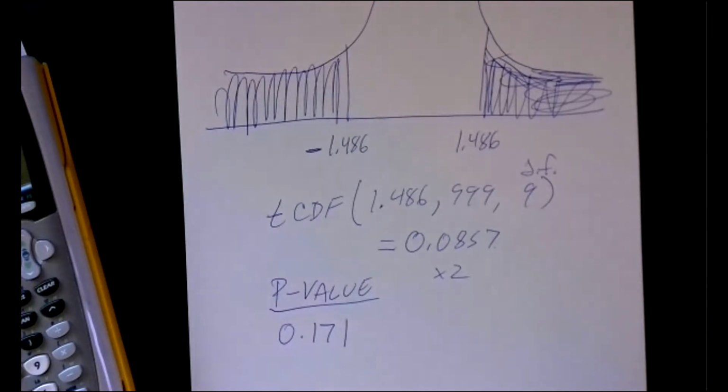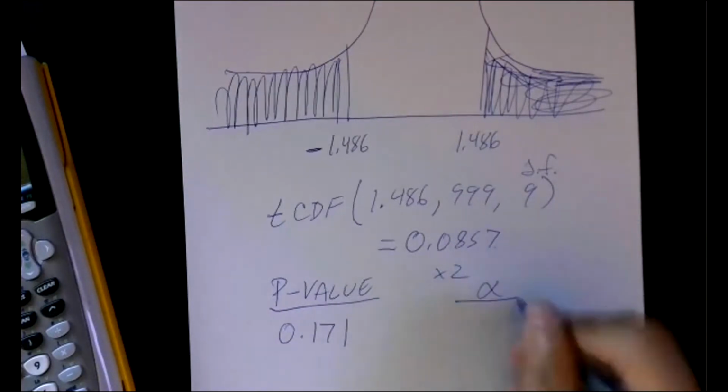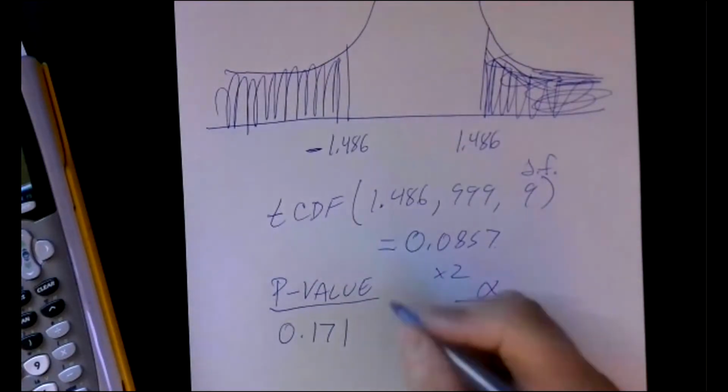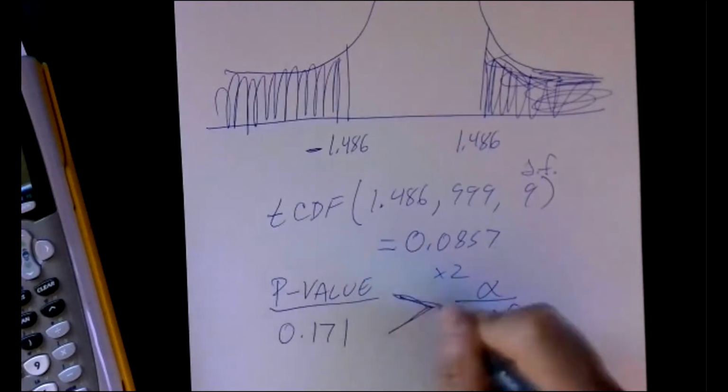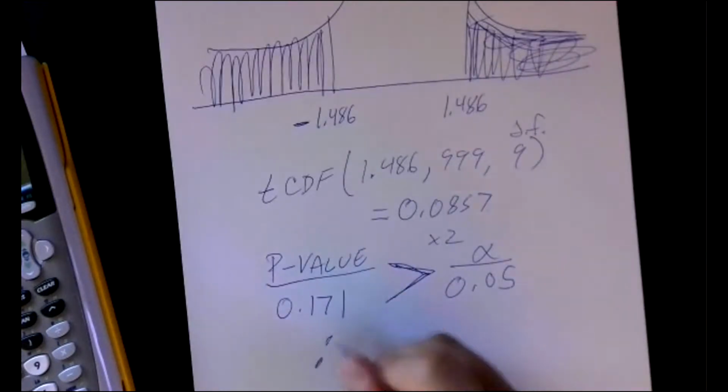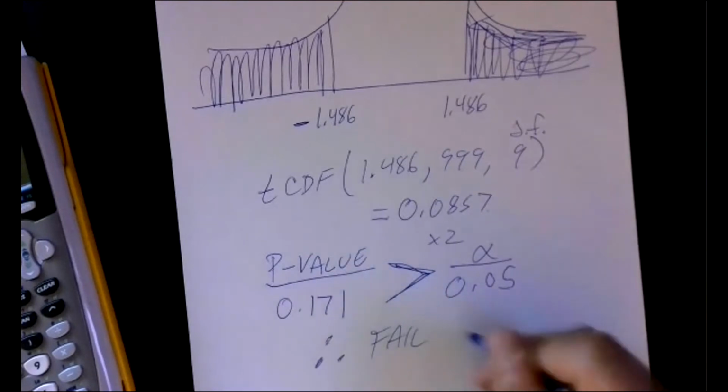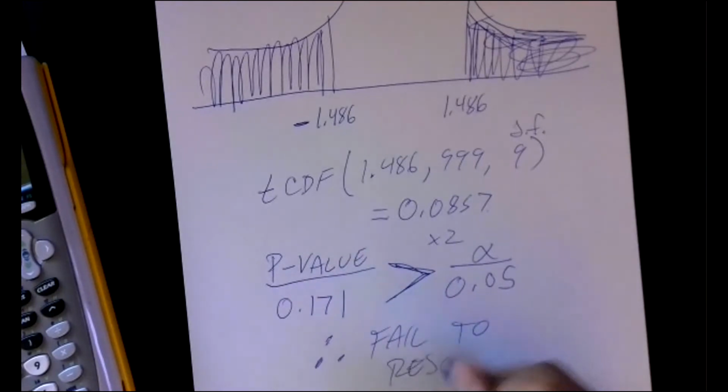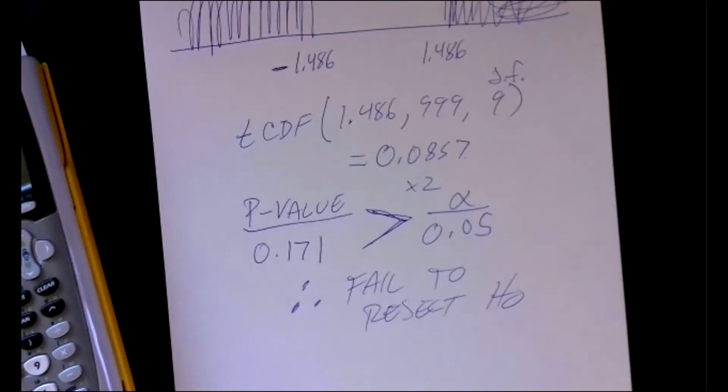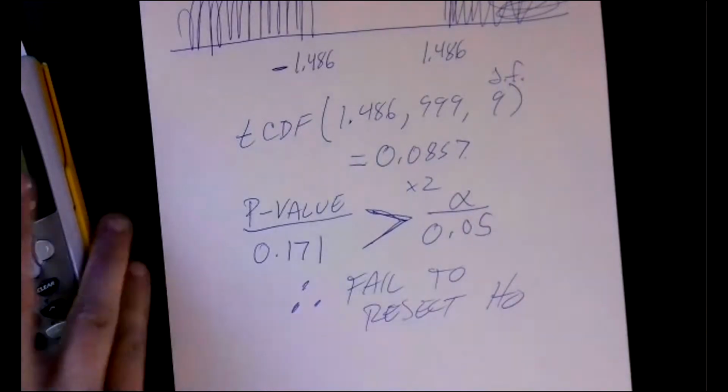The alpha value, 0.05. The p-value is greater than the significance level, therefore we fail to reject the null hypothesis. Okay.